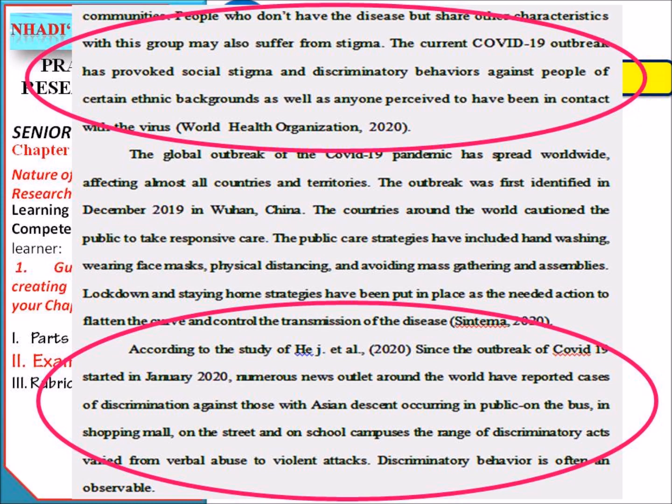Also, it further discusses the discrimination experienced by the respondents. The author then used parenthetical in-text citation. They simply copied the actual statement of the World Health Organization for their source and placed it after the paragraph, which is the World Health Organization of 2020.